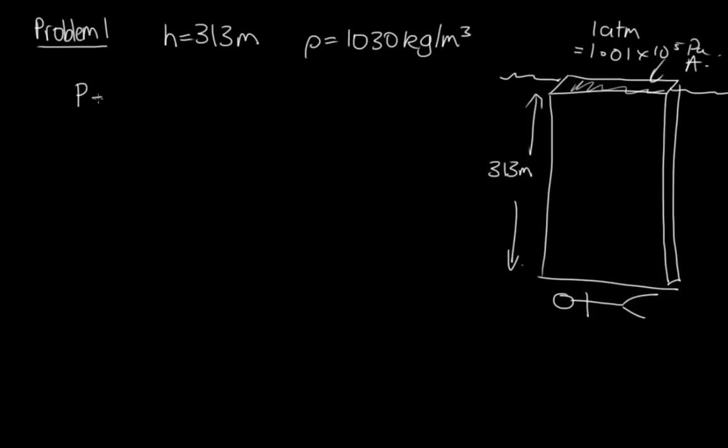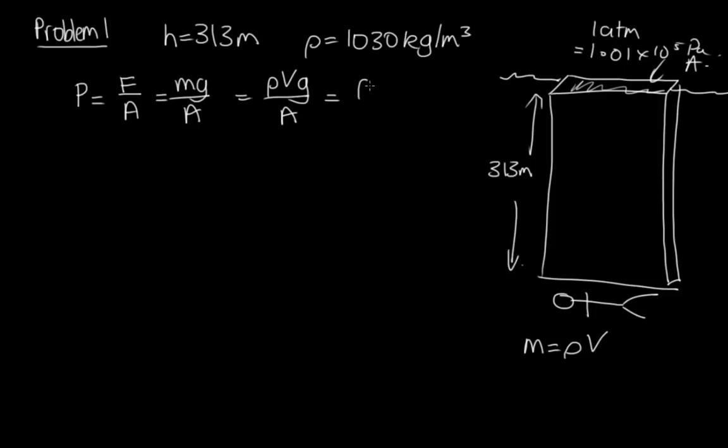So pressure is equal to force over area, which is equal to mg over area. So the mass of this water, well, we know that for fluids, the mass is equal to the density times the volume. So this is equal to the density times the volume times g over the area. And the volume of this prism is just equal to its height times the surface area.